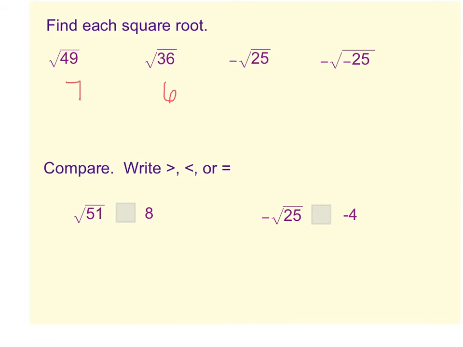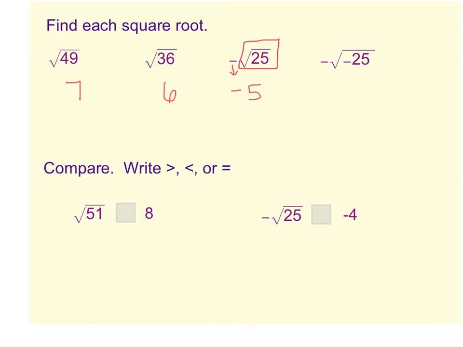Now these next two, do you see how this negative is outside of the square root? So what that tells us to do is first take the square root of 25. Square root of 25 is 5. And then that negative just comes down.